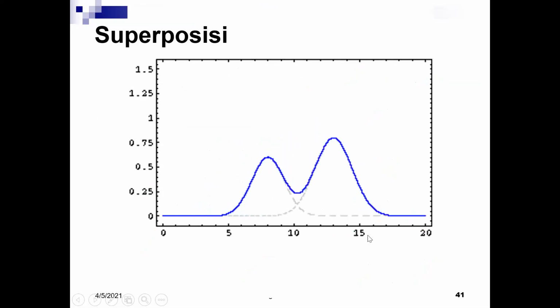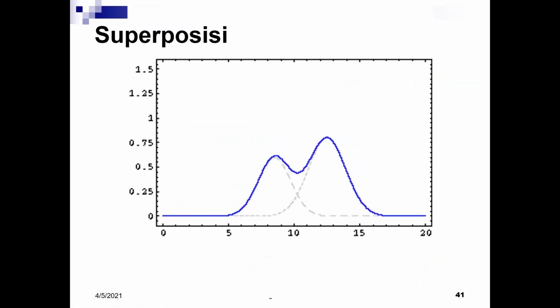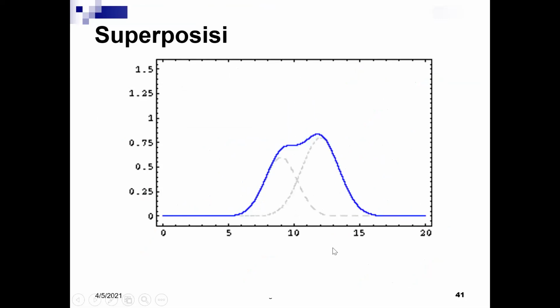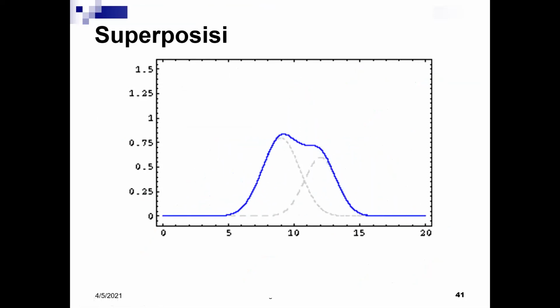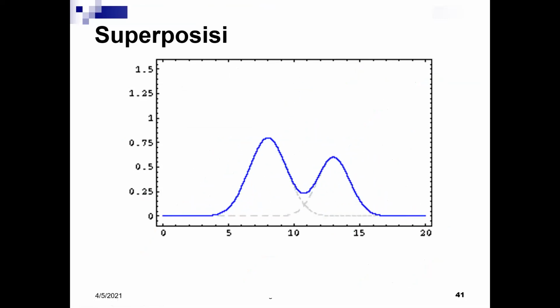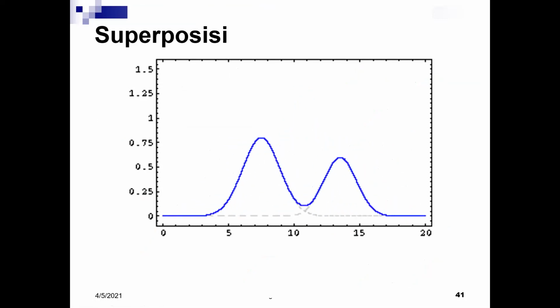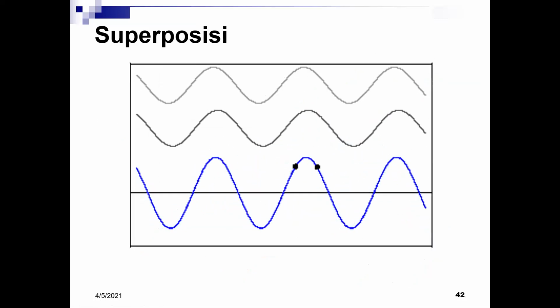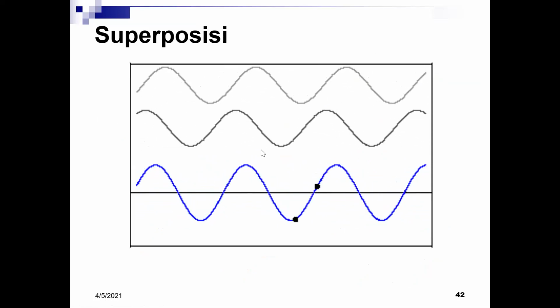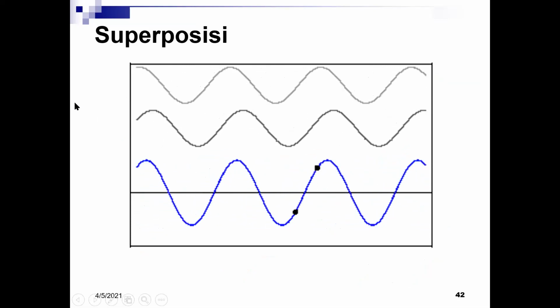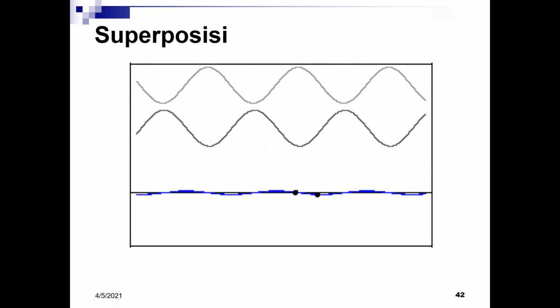So this is the simulation, with the dash here being the original amplitude. This is constructive interference, or constructive superposition: the amplitude becomes bigger.